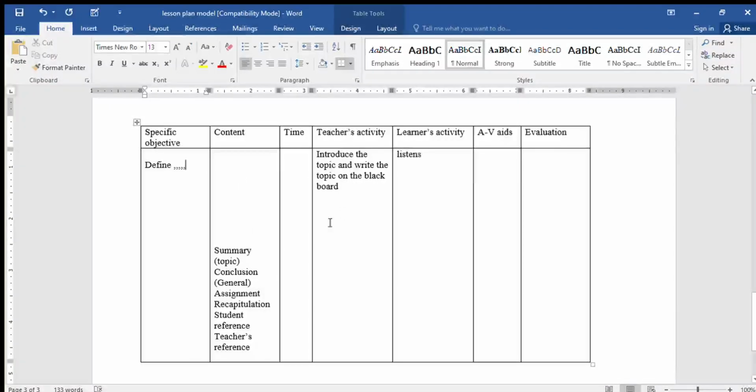Then teacher's activity: if you have any OHP or LCD, means a PowerPoint presentation. For example, if you have an OHP, what you are going to show is the transparency.